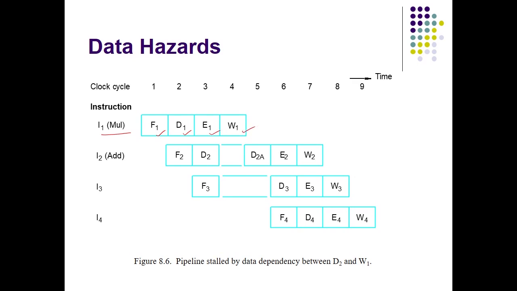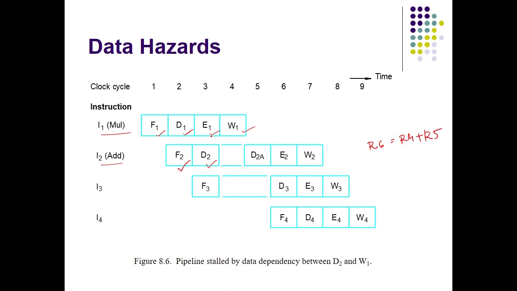While this is decoding, the second instruction, R6 equals R4 plus R5, is fetched, and while the second instruction is getting decoded, the first instruction is getting executed.